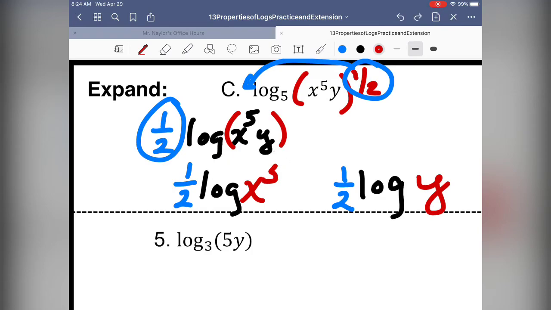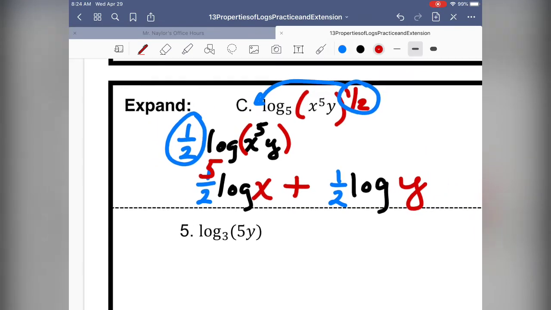So is it all right if I just put that 5 there now? If I put the 5 in front, it multiplies and becomes a 5/2. So we have two logs that are being added together. All the exponents went in front. The 1/2 is in front of both of them, but we get this 5 that's also in front of the log that contained that x.